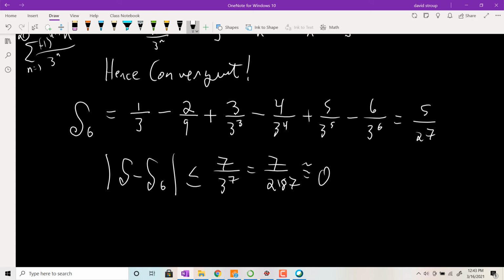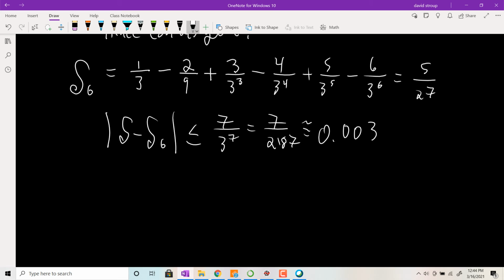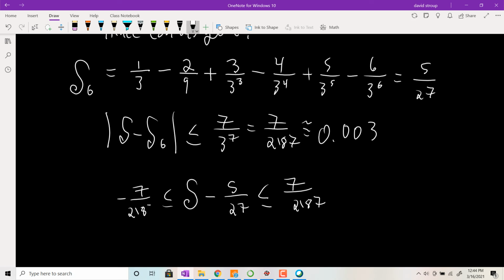It's approximately within 0.003, so 3 thousandths. You can also wedge the actual solution. So you could say S minus S sub 6, which is 5/27, must be between 7 over 2187 and -7 over 2187.